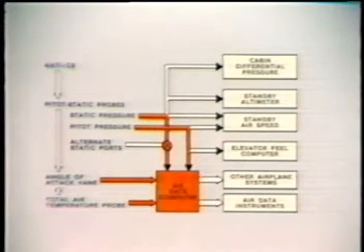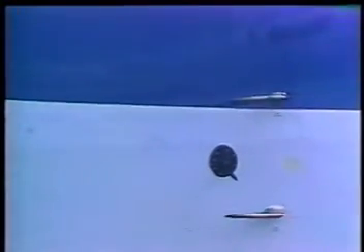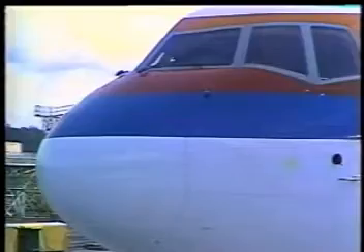Other inputs into the air data computers are angle of attack and total air temperature. Angle of attack vanes on the forward portion of the fuselage resolve the direction of airflow into a servo signal as an input to the air data computers.